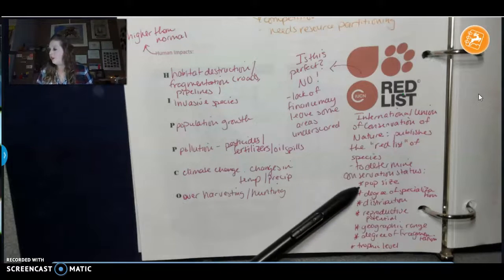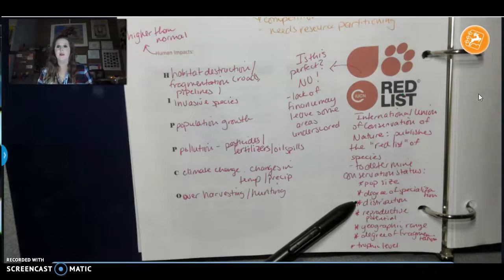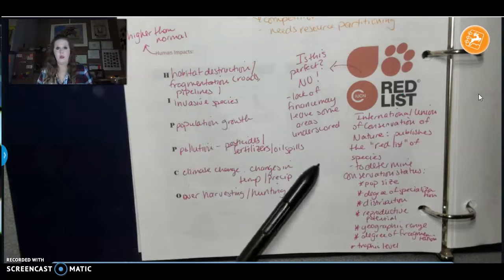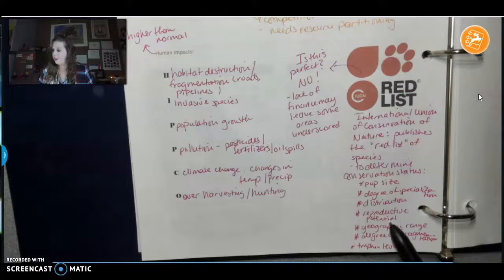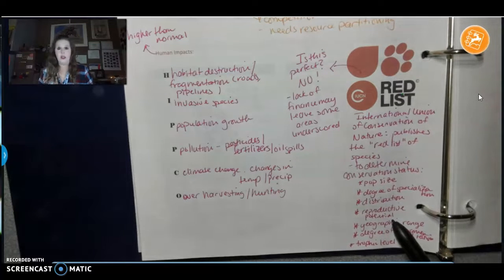So we look at the population size, how many are left, the degree of specialization. So is it like a panda where it has to have a very specific set of conditions, or is it more like a raccoon where it doesn't? The reproductive potential. How many offspring can it have? How often does it reproduce?